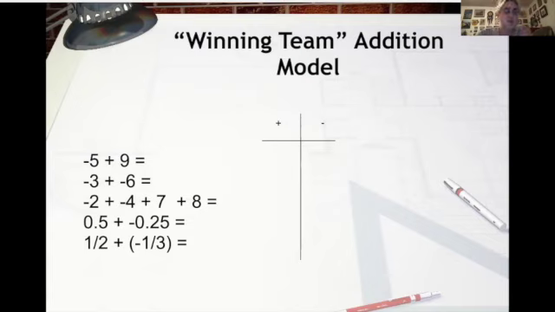And then fractions, 1/2 plus -1/3. So take a few moments to solve those. And I want you to go ahead and put them in their corresponding side, so our positives and our negatives. I'm going to give you a minute or two to solve those.